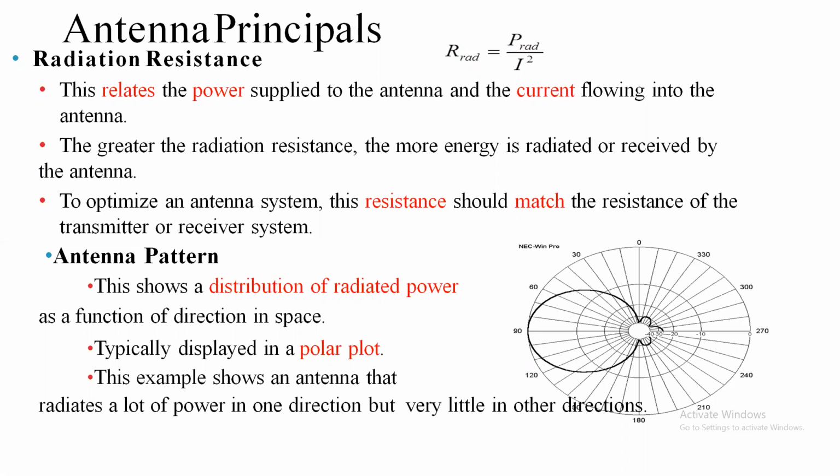Radiation resistance is nothing but the radiated power divided by I square, that means the power supplied to the antenna and also the current flowing into the antenna. How much power is supplied to the antenna and the current flowing into the antenna.